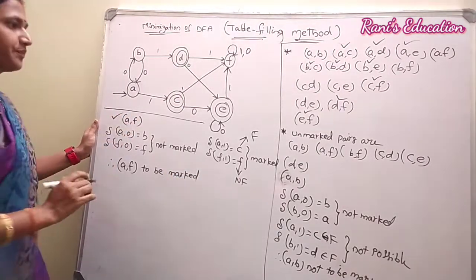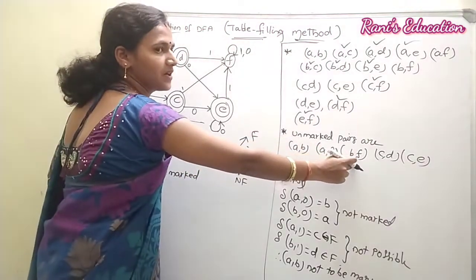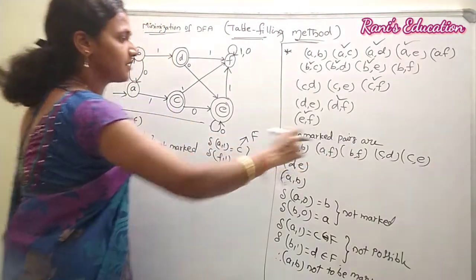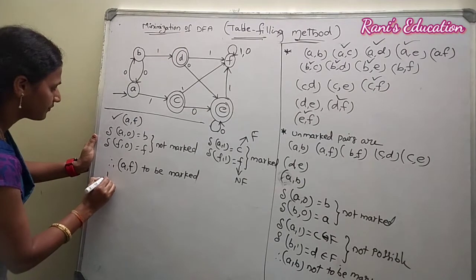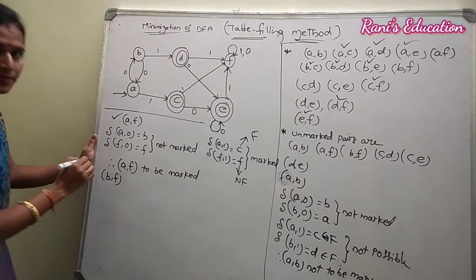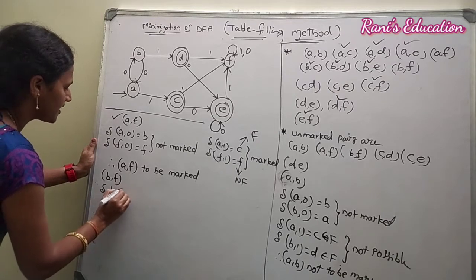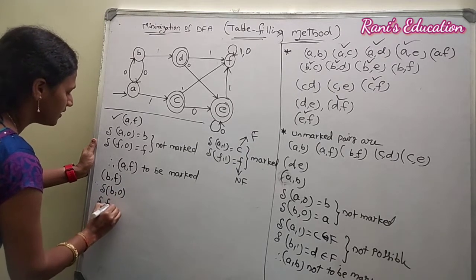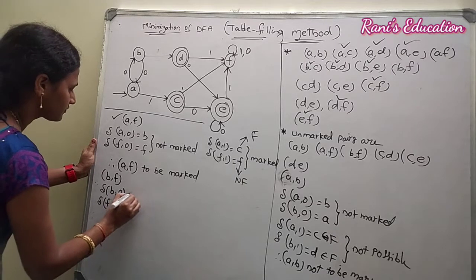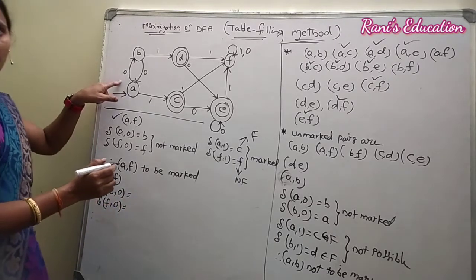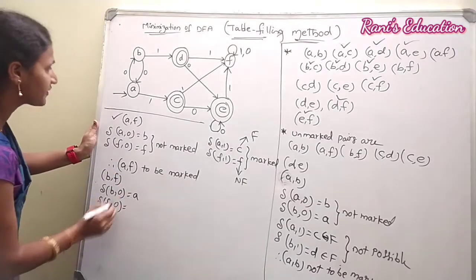Okay? Now go for the next state pair here, BF. So for that also we need to check markability. That is delta of B comma 0, delta of F comma 0. What is B comma 0 here? A. What is F comma 0?